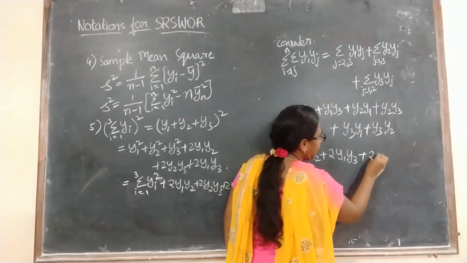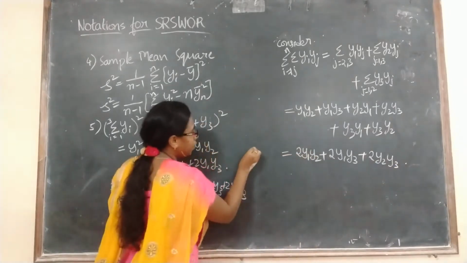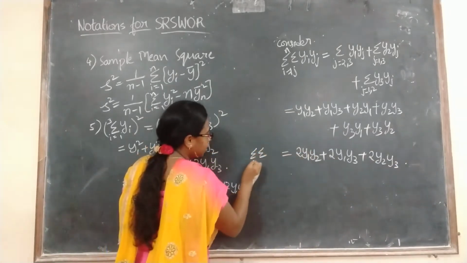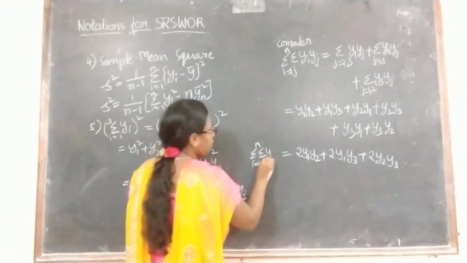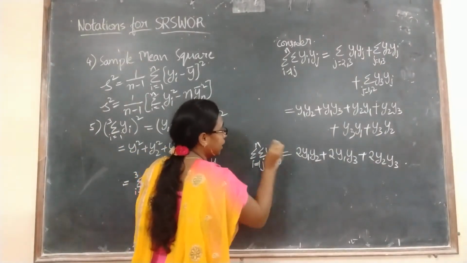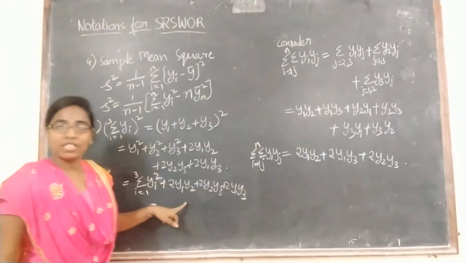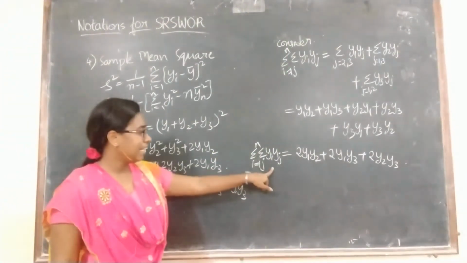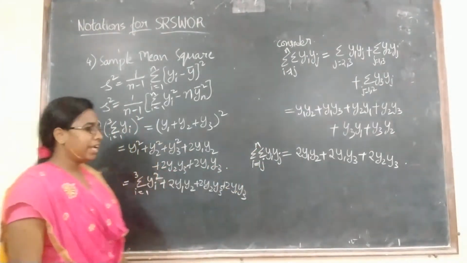This can be written as 2y2 y3. So this is the value of double summation i not equals to j till n yi yj. If you observe, here you have this term. So in place of this term, I can directly write double summation i not equals to j yi yj.